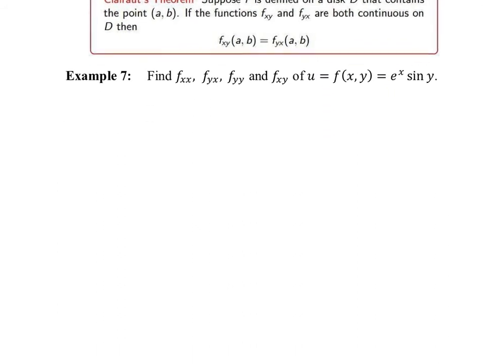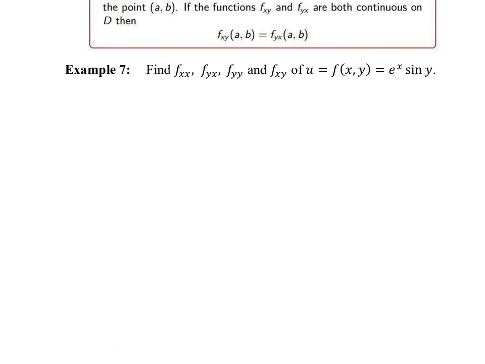Okay, we're going to try example 7 given this information. So we have the first derivative with respect to x, which is going to be e to the x sine of y, and then the first derivative with respect to y, which is e to the x cosine of y. All right, the second derivative f_xx would be e to the x sine of y.